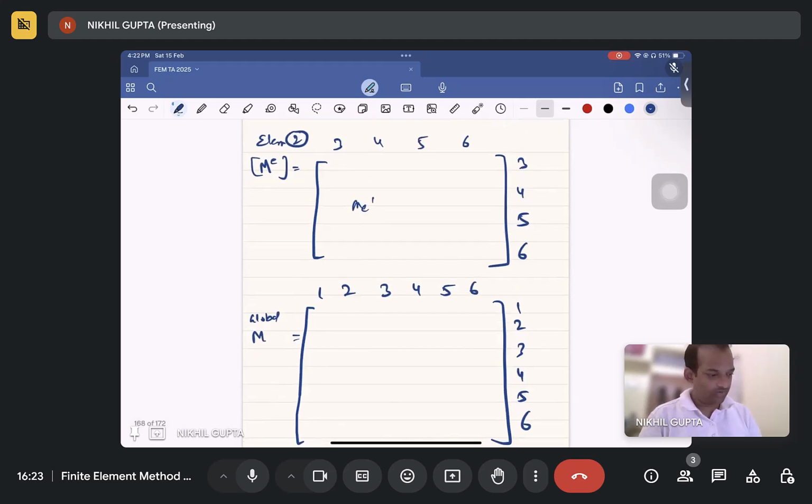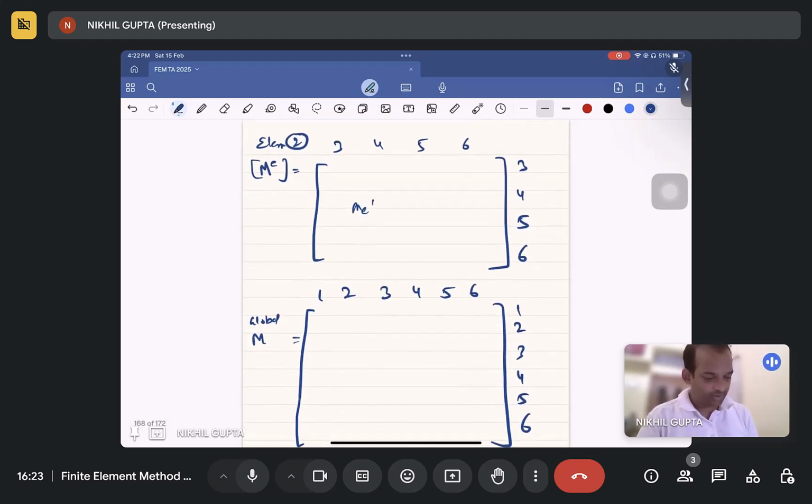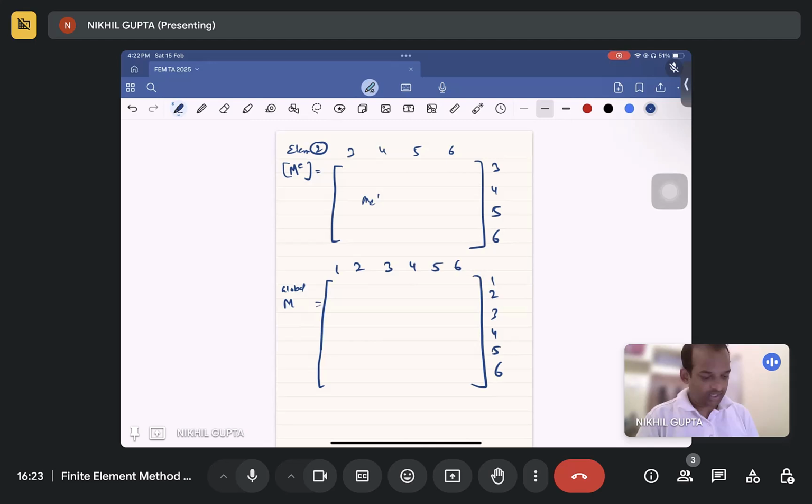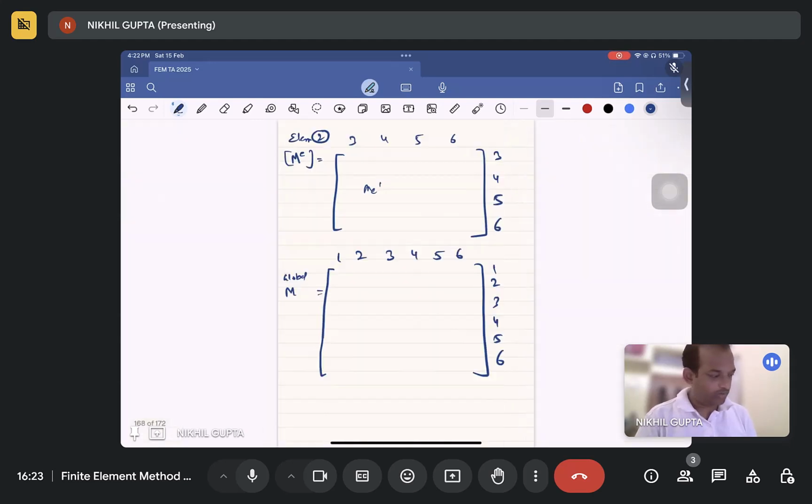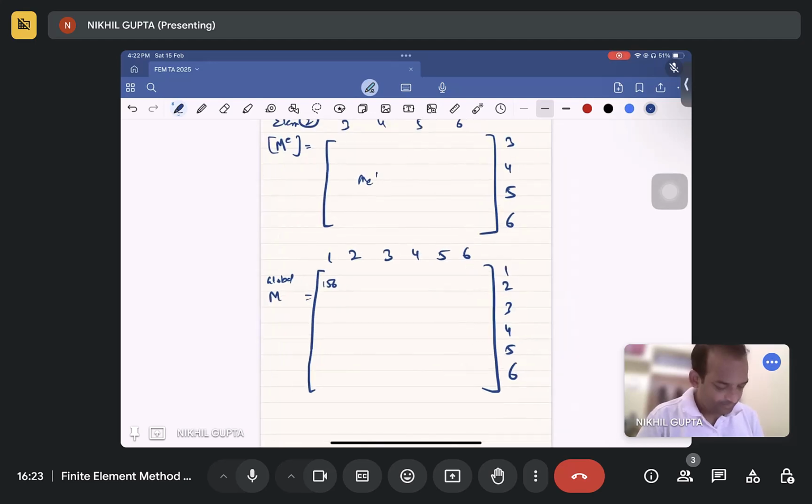Okay, so what you will do, you will just add the corresponding elements in this matrix to get the full global matrix. So the solution you will get is 156, minus 11L, 54. I'm writing it directly, you can solve it yourself, or you have the same problem in the assignment as well. There you can solve and get to the solution.